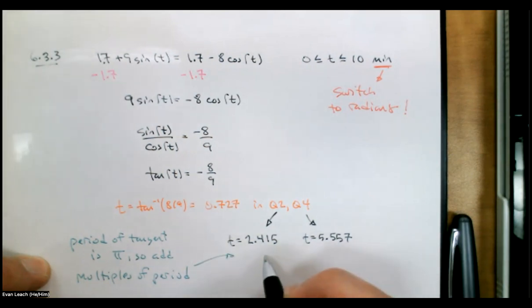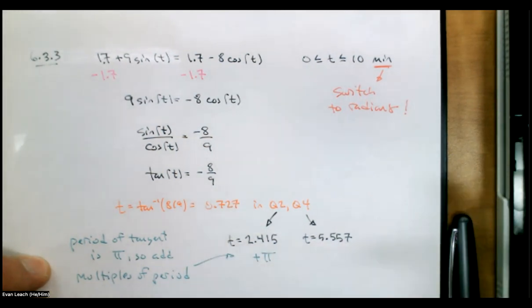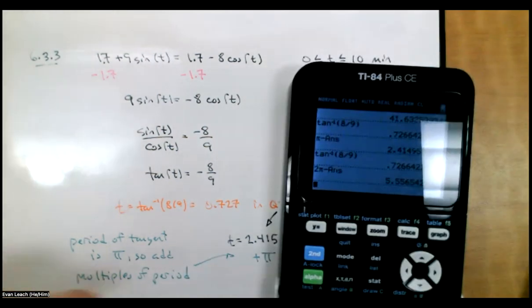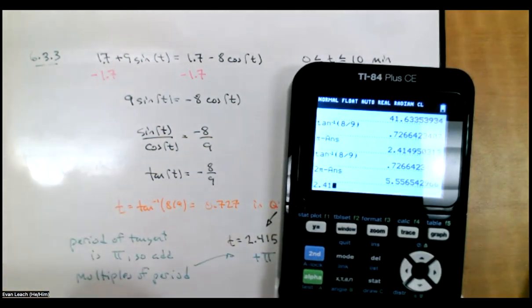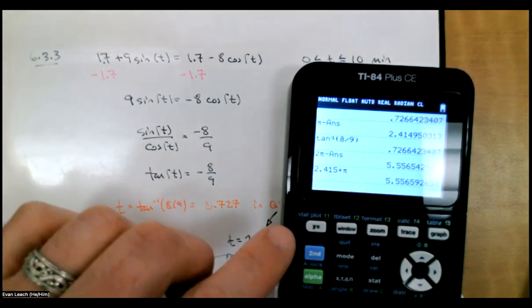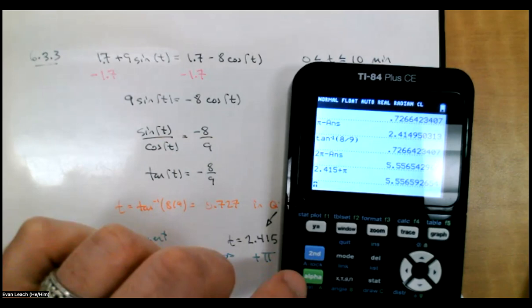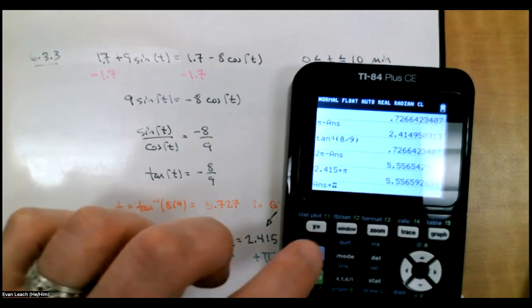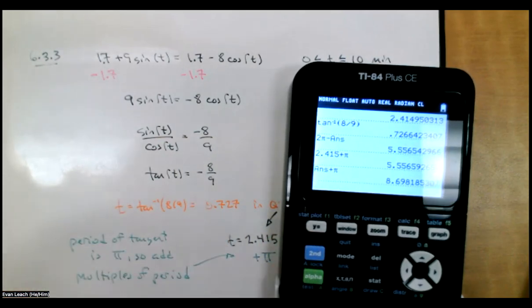So if I take the 2.415 and add pi, we get 5.557. Oh, that's the 5.56. So we have to add pi again, 8.698.